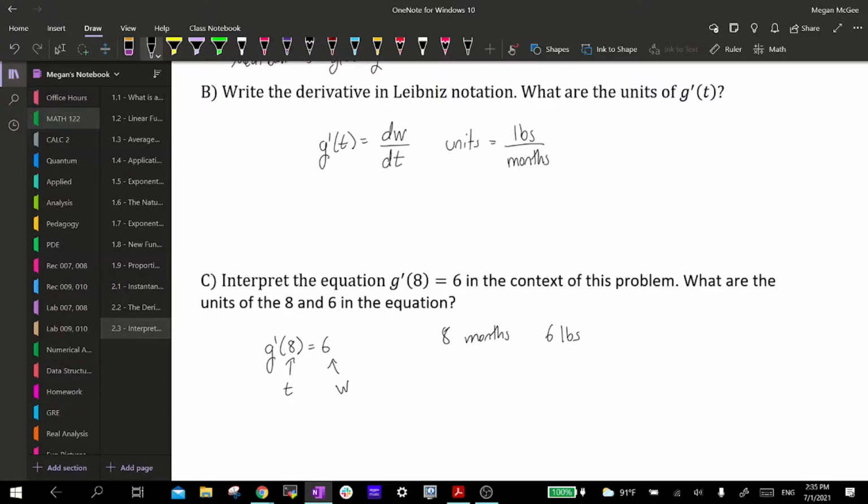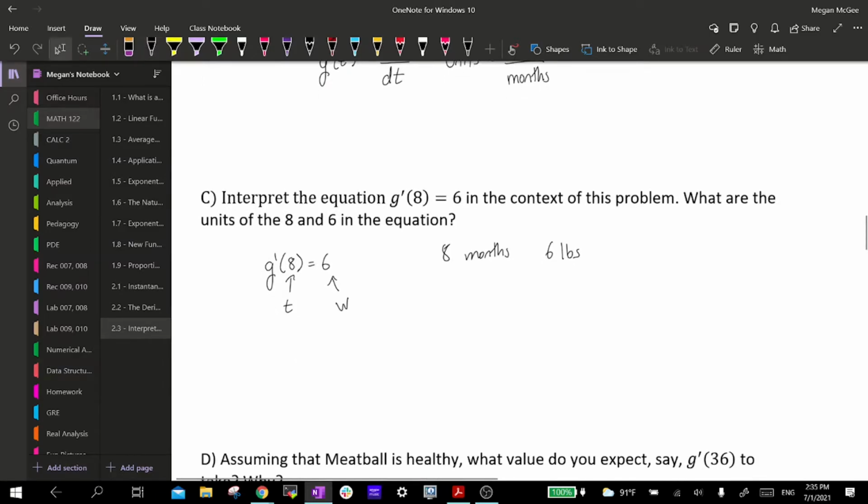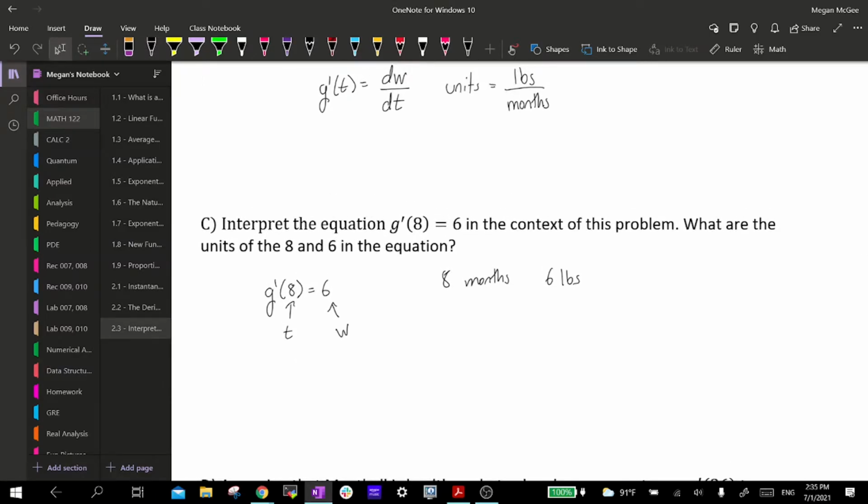Okay? But we still need to interpret this equation. So our derivative, again, is telling us how quickly something is changing. So in this case, Meatball is gaining weight at the age of 8 months.